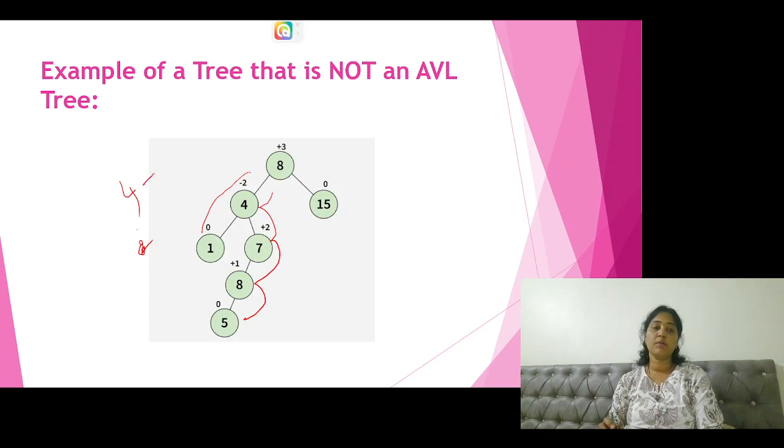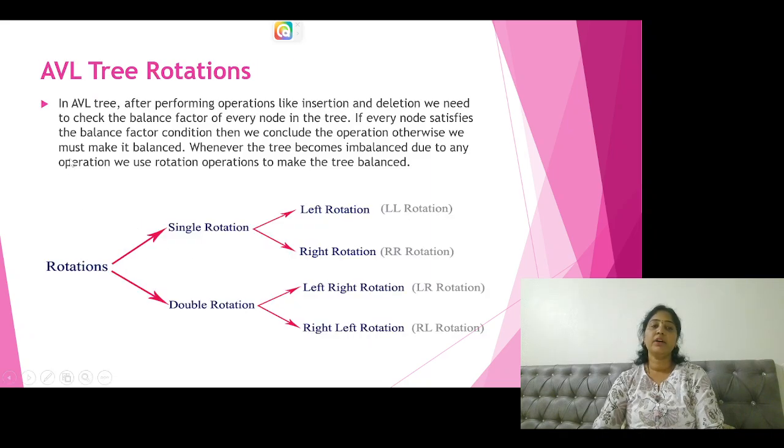So 4 minus the right side, which is only 1, gives 3. The balance factor should be either -1, 0 or 1, but now you are getting 3. So we would never say this kind of tree is an AVL tree. Now how do we make this tree an AVL tree? To reduce the complexity, we have rotations.